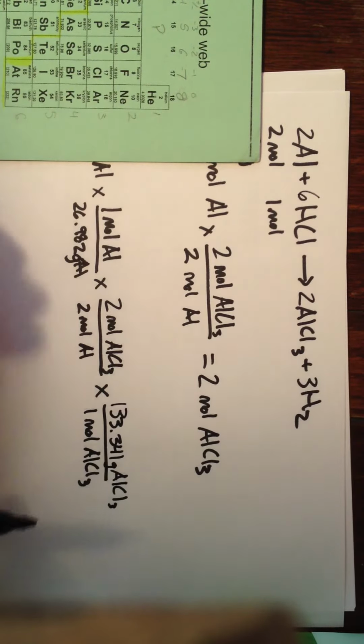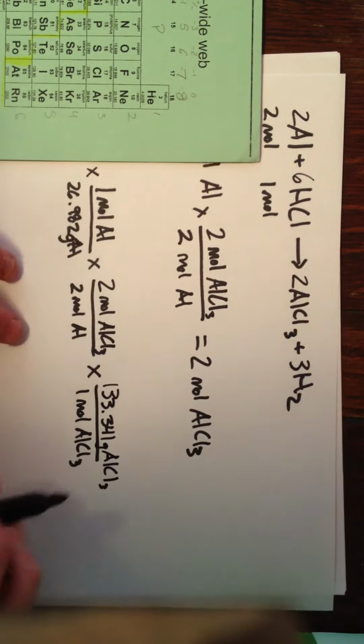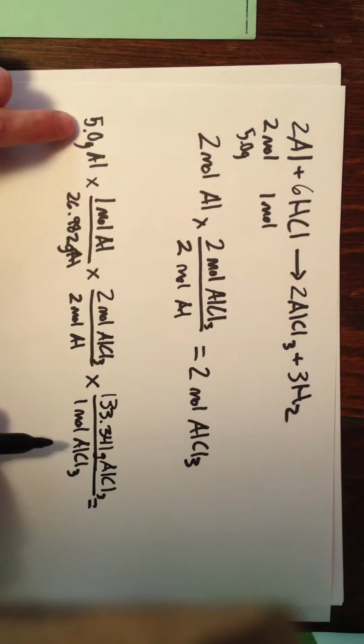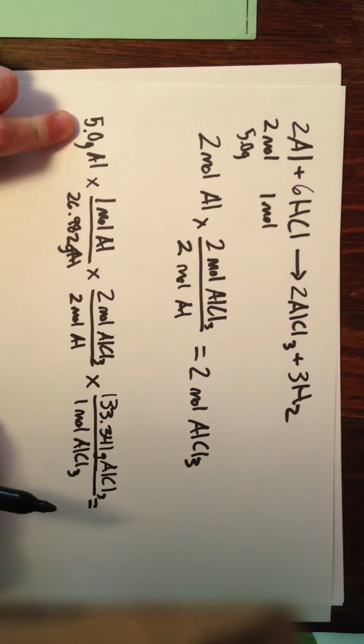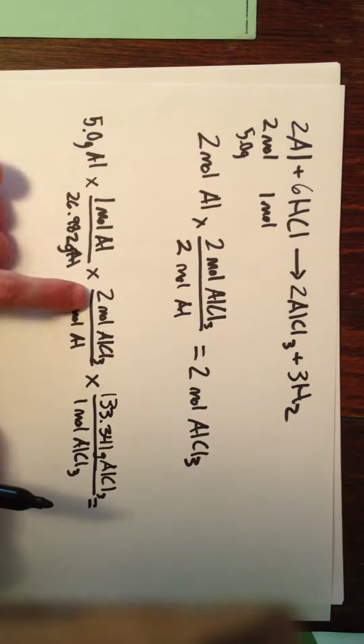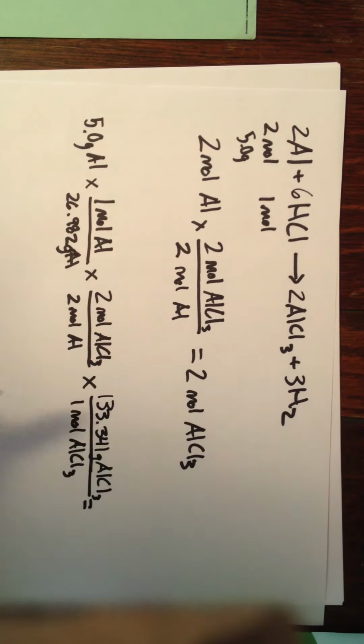Now, pretty straightforward. Just like last time, we go through and we divide the 5 grams by the 26.982, and then we multiply it by whatever the 2 divided by 2 is, which is 1.